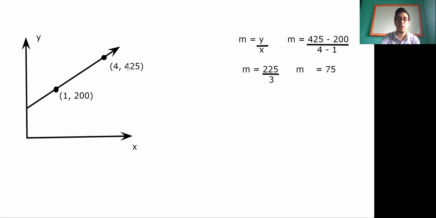The point I have, I'm going to write the point here. The point I have is 0 for x, right? I don't have anything in x, and the value for y is 125. This is the point you have for the y-intercept. This is the y-intercept, right?